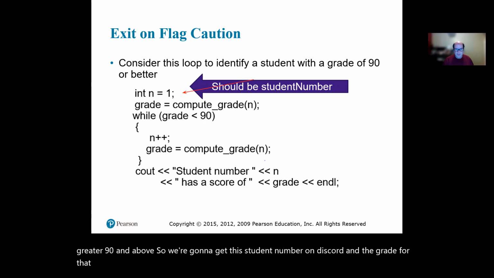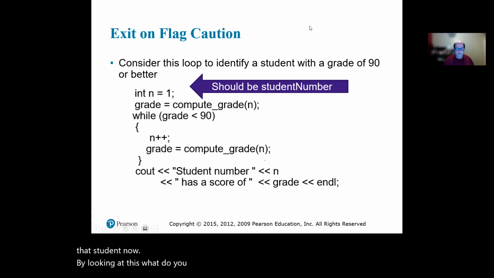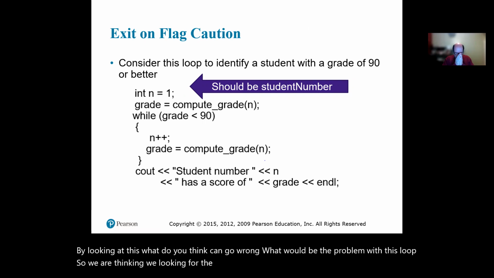Now, by looking at this, what do you think can go wrong? What would be the problem with this loop? We're looking for the first student who is getting 90 or above. So we go through this loop to find the first student.